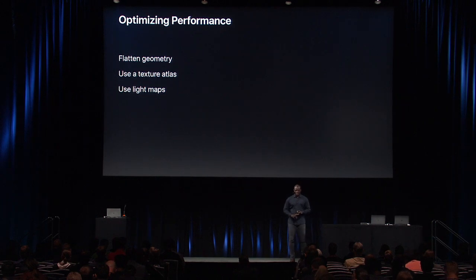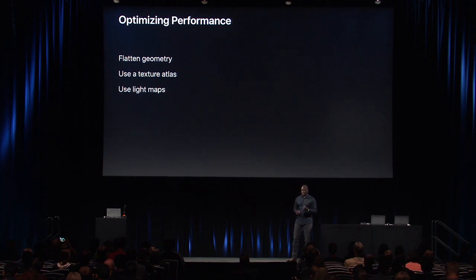And lastly, it works in tandem with the geometry flattening to make sure that you have the fewest amount of draw calls possible. And lastly, using light maps to add that rich visual detail to your scene and not pay any performance penalty for it on the GPU. Let your artist go crazy.